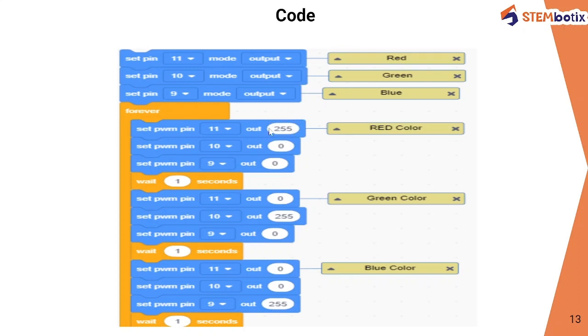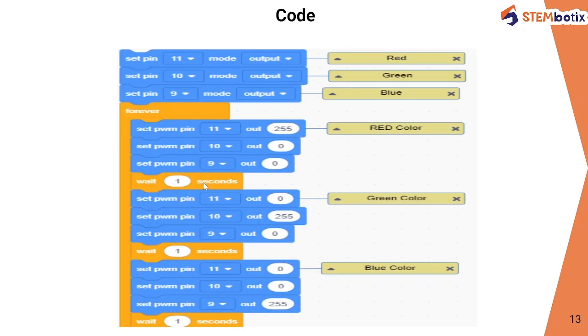So 255 for a PWM pin is a high output, and 0 will turn off the other LEDs. In this section, our red color is lit, and green and blue remain turned off. Here we take a delay for 1 second by using a wait 1 second block.